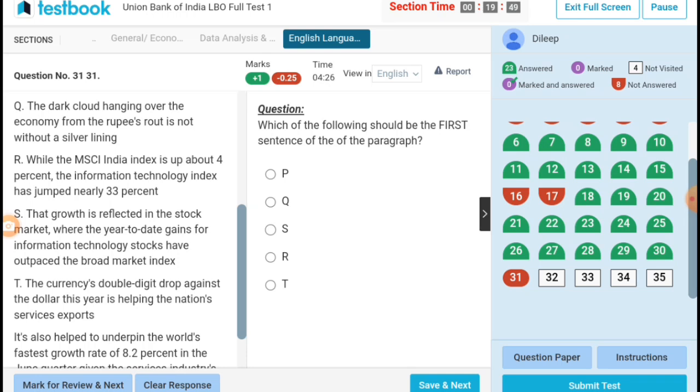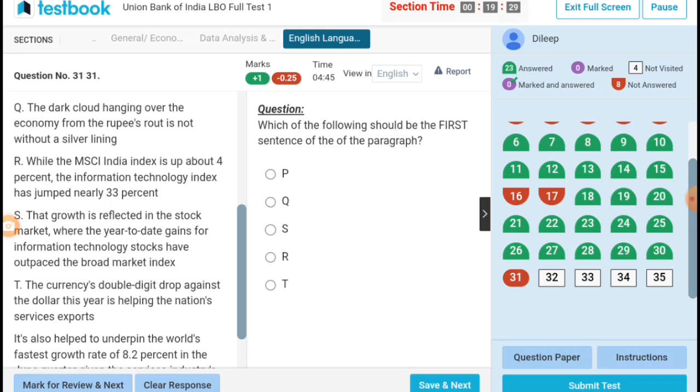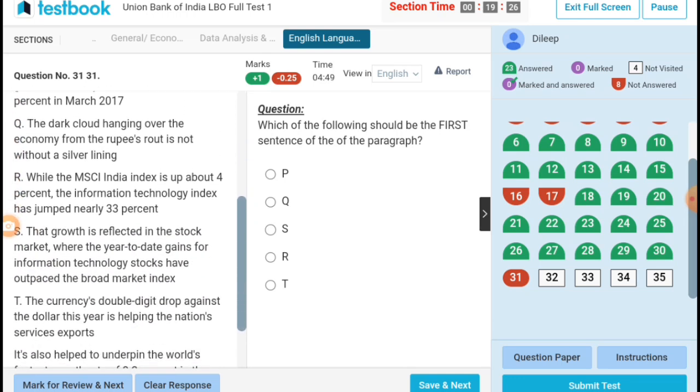I think service exports. So I think US or TP.